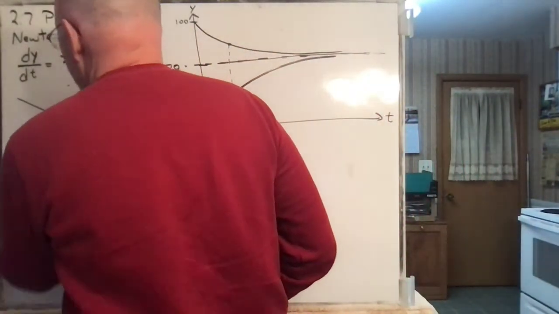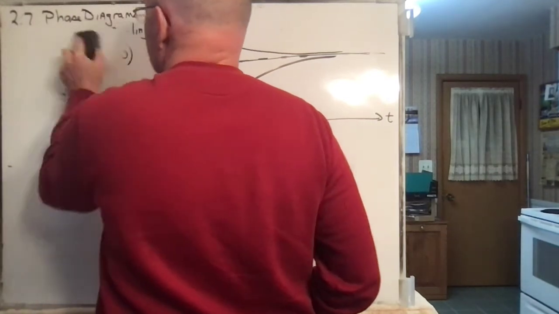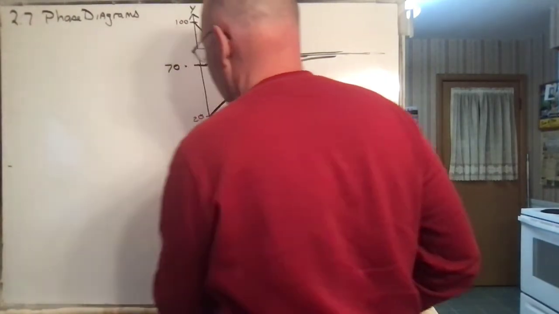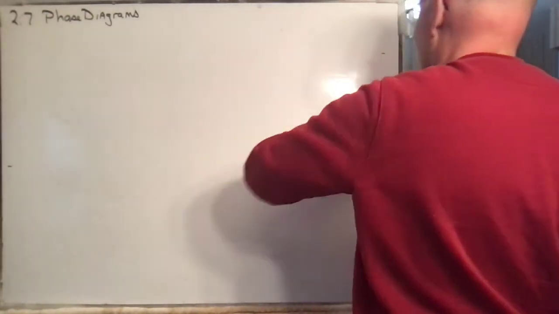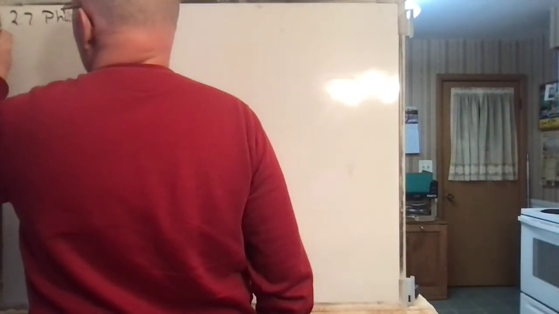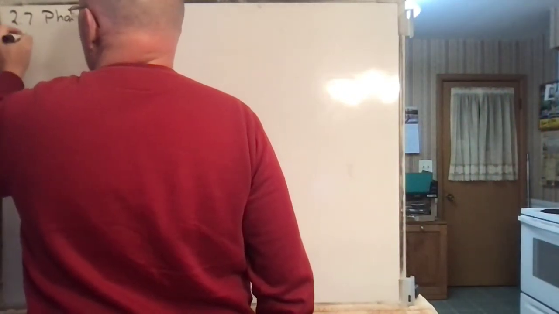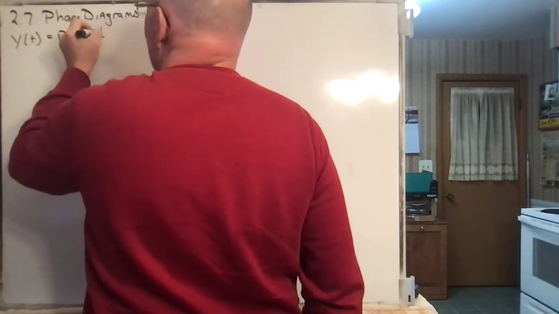Let's do another one. Let's go back to the population one now. And we called it the population now. And so now y of t is the population at time t.